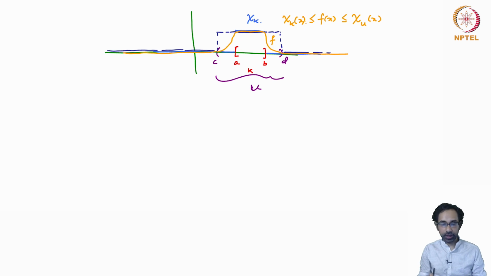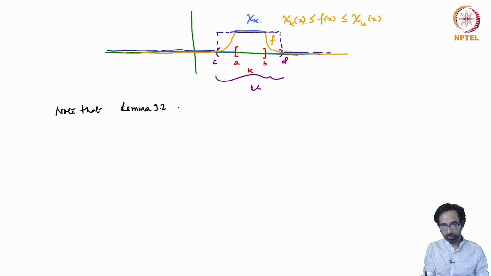So this is the idea for indicator functions, and note that Lemma 3.2 is actually equivalent to Urysohn's lemma.